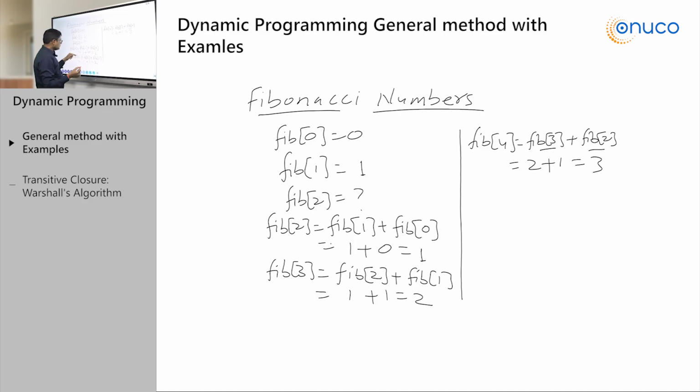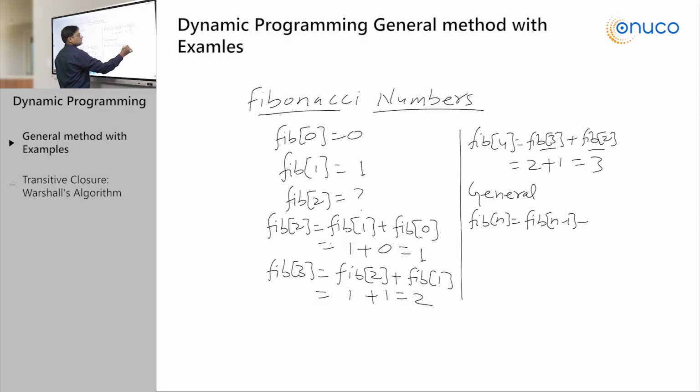Then you have to solve again one by one, because only the first two Fibonacci numbers are given. Hence, if you want to generalize it, what will be the general form? We can write Fibonacci of n is equal to Fibonacci of n minus 1 plus Fibonacci of n minus 2.